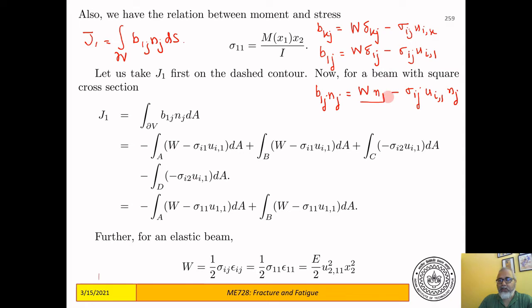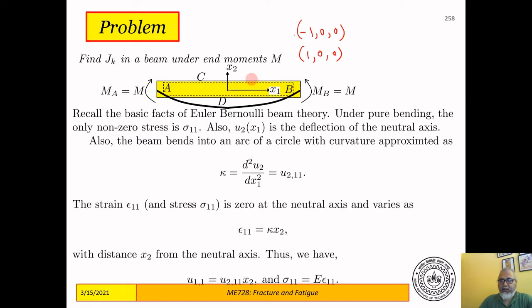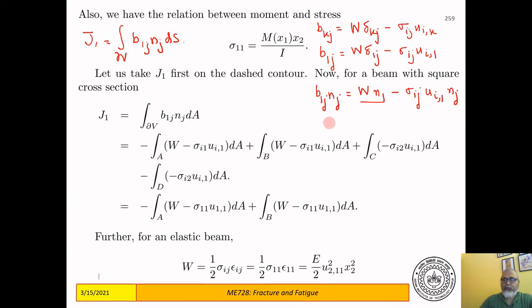Therefore, W n1 is equal to either W or minus W, depending on whether you are on A or B. On A, it is minus W. On B, it is plus W. On the top and the bottom, n is 0, 1, 0 and 0, minus 1, 0, which means n1 is 0 in both cases. Therefore, this term does not appear in case of C and D.